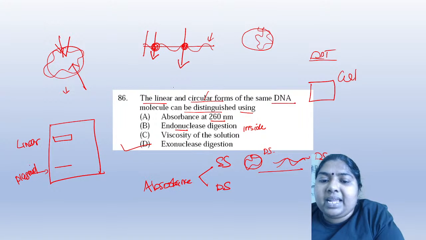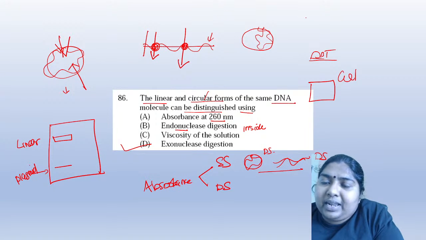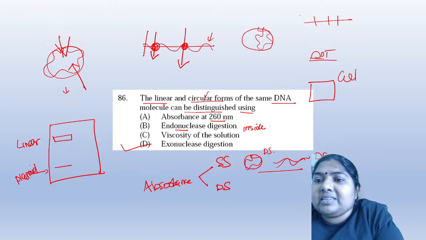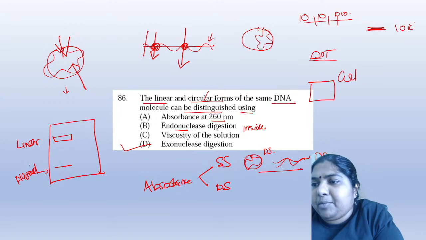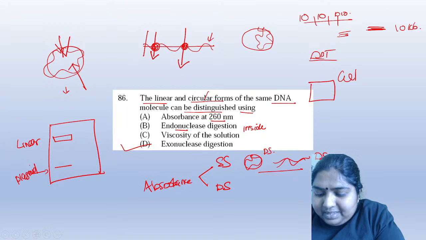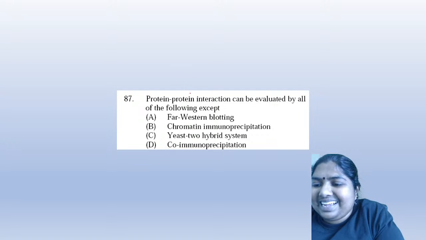So it may not be able to distinguish correctly. For example, if I cut it, this is 10, this is 10, this is 10, this is 10. So it will all be a monomer. So you will get a single band at 10 kb. Here you will get 3 bands. So we'll go to the next question.